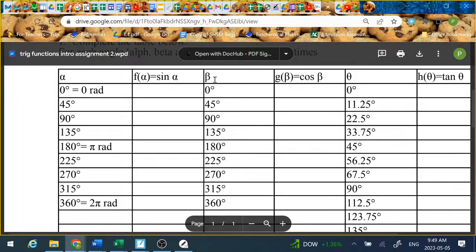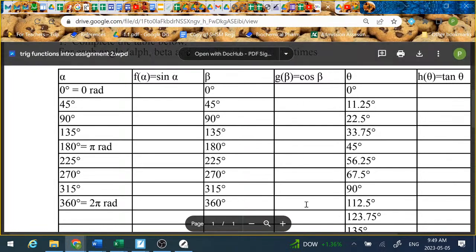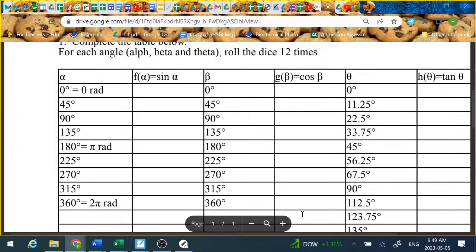And look, I use the letter beta, and G of beta is cos beta. So we're going to see what the cos curve looks like. Newsflash, it's pretty easy. But you're going to use these angles, do your thing. The highlight points are still going to be the most important points. Make sure you hit play on smooth operator before you connect the dots, okay?